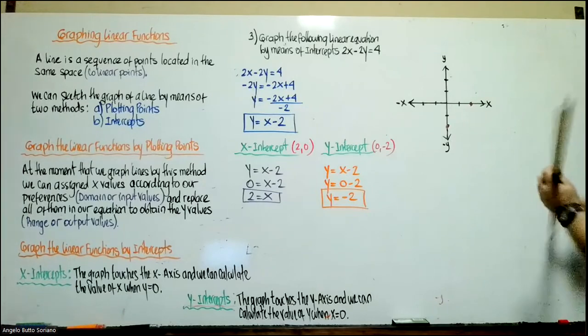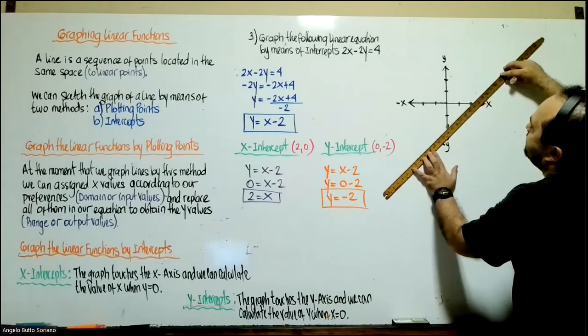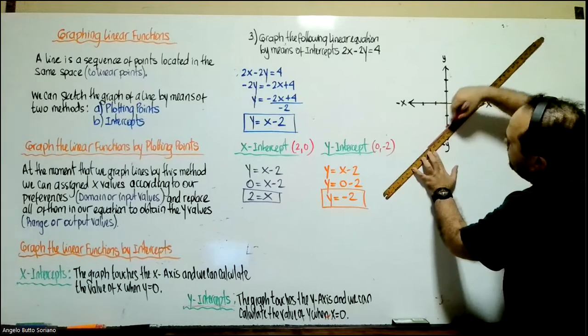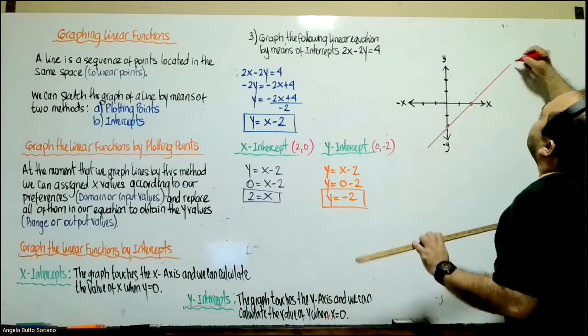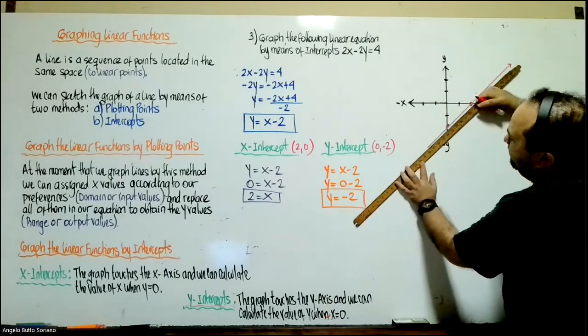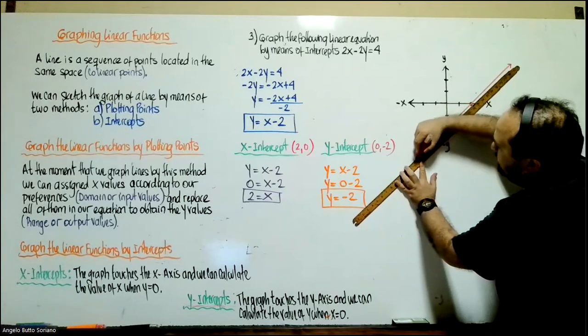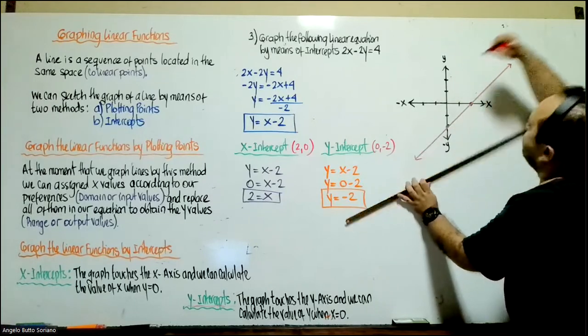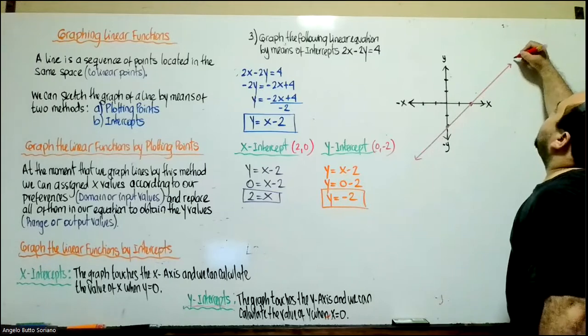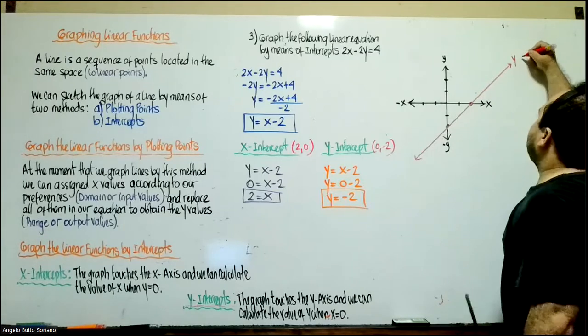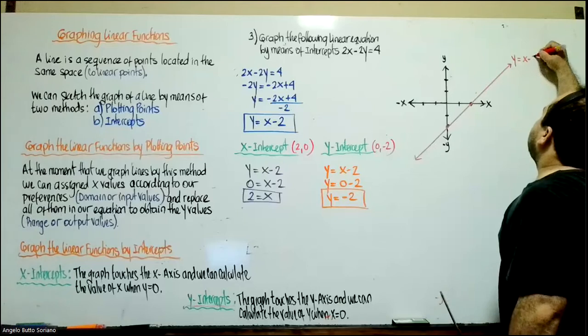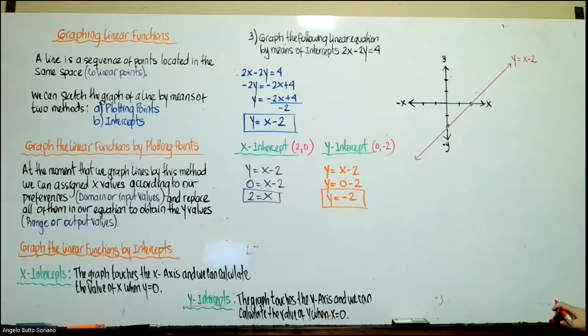Because we have the 2 points on the line, it doesn't matter that the line overpasses, and we got the full line. A beautiful full line given by the equation y equals x minus 2. And that's all that we have to do in the second example.